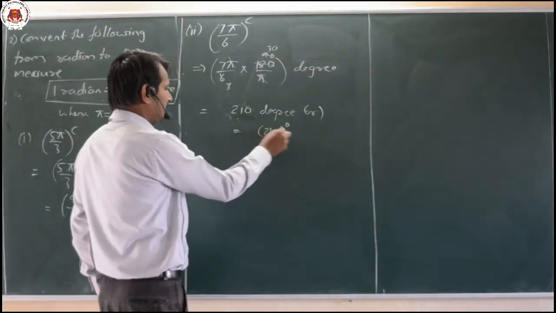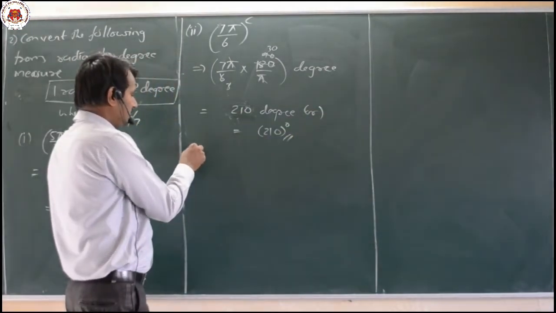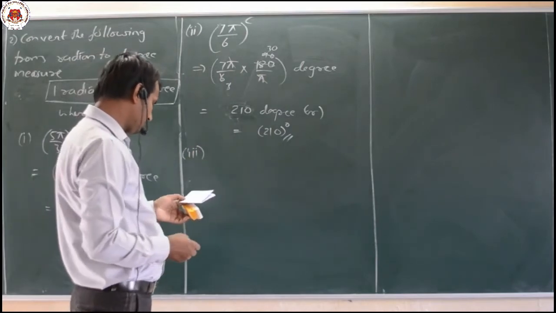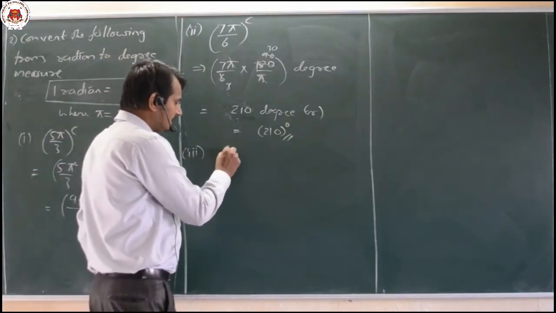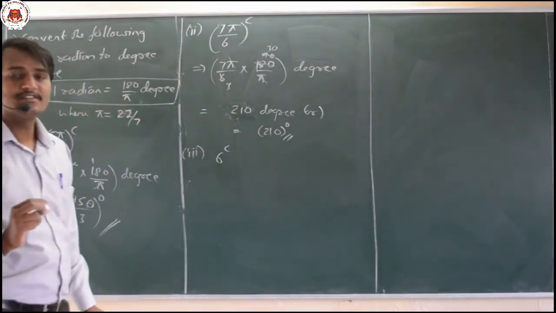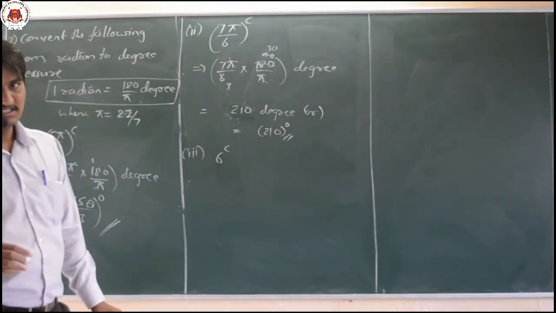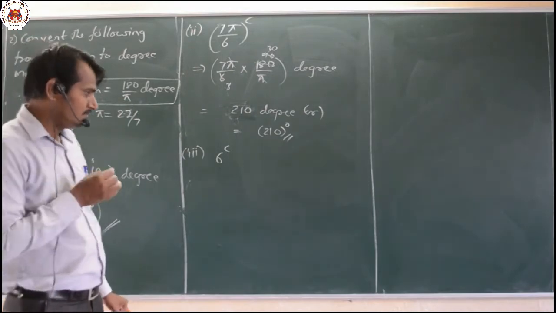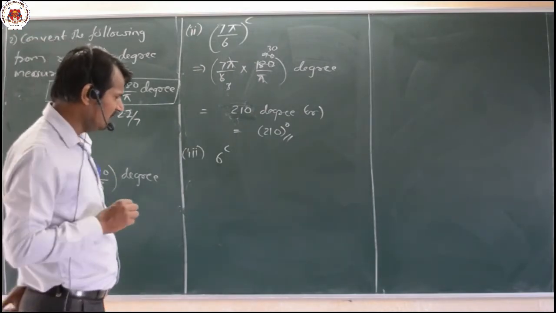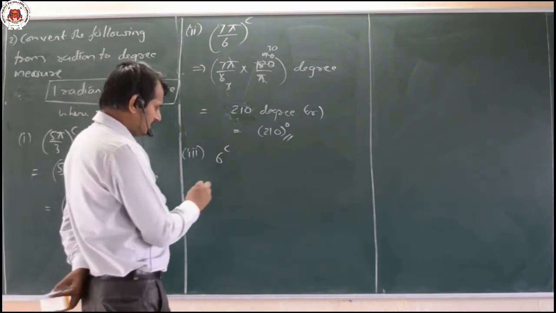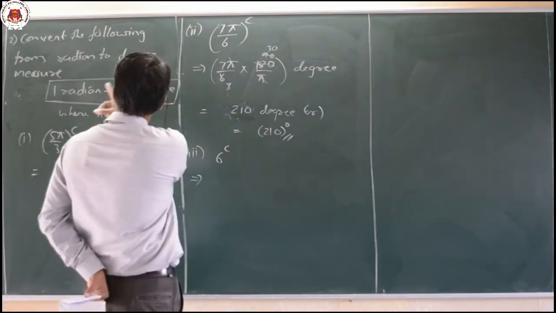Okay, next one, third one. Very simple problems we are going to start here. The third one is very simple. Here we shall take 6 radians equal to how many degrees? Pay attention while solving this. It is a very simple example. Now here we know that 1 radian is equal to how much? 180 divided by pi.